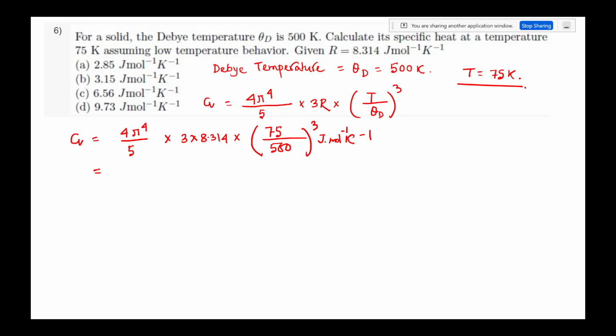For my answer, it's coming 6.5. Option C, sir. I did not cube the value. Sorry, sir. Okay, yes. So this is Joule mole inverse Kelvin inverse. So this is the correct option. Option C is the correct one.